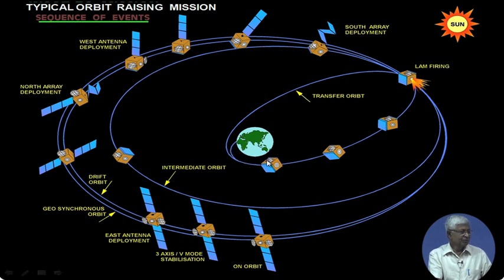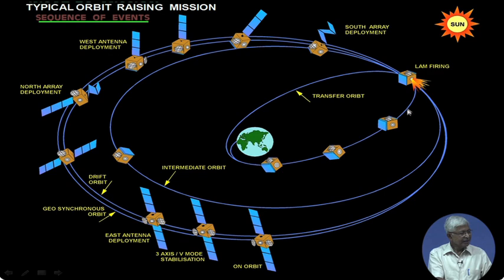It looks like a cube packed, and then it goes into a particular orbit which is called the transfer orbit, and from there some rockets are fired within the satellite and it takes a different orbit, and this orbital height is slowly changed, and during that process the solar panels etc. are getting deployed, and then finally it reaches the intended orbit. This is a pictorial representation from one of the internet sites.